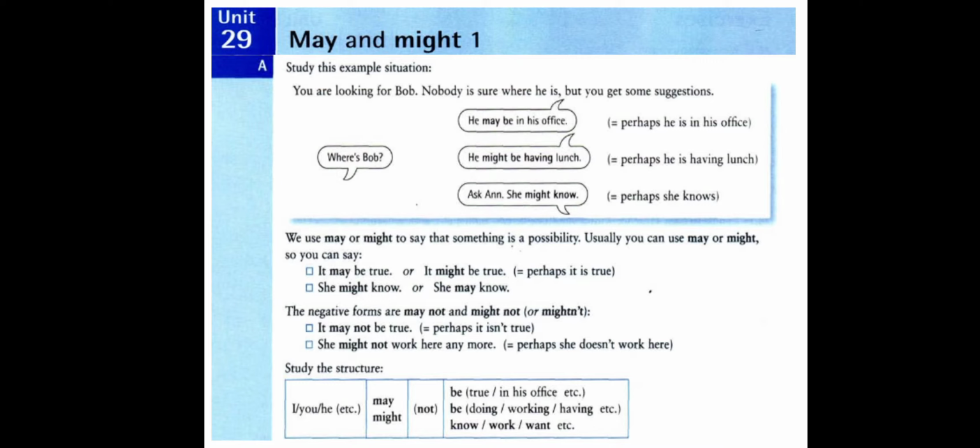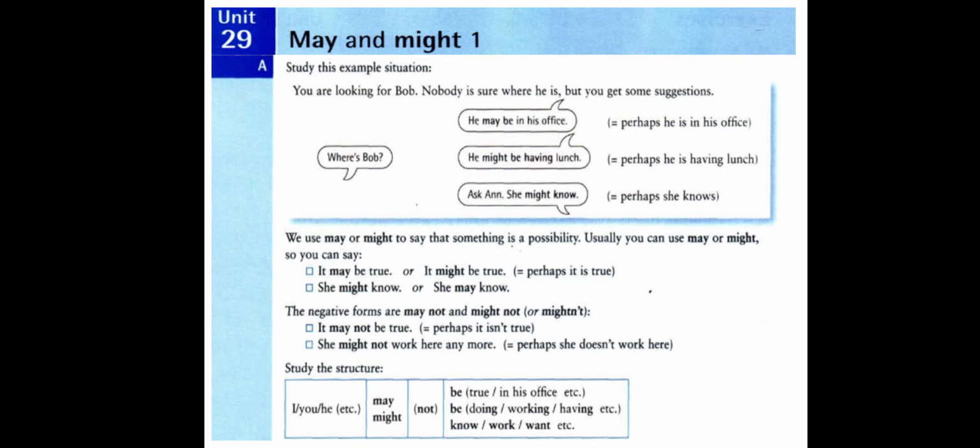When we want to express possibility, then we use might, and we say she might know. We change knows into its base form and it becomes know. And we don't use s because after might we use the base form. So it becomes she might know or she may know.